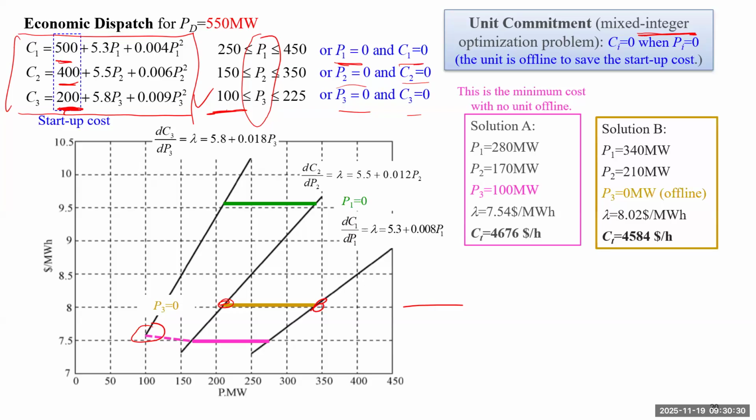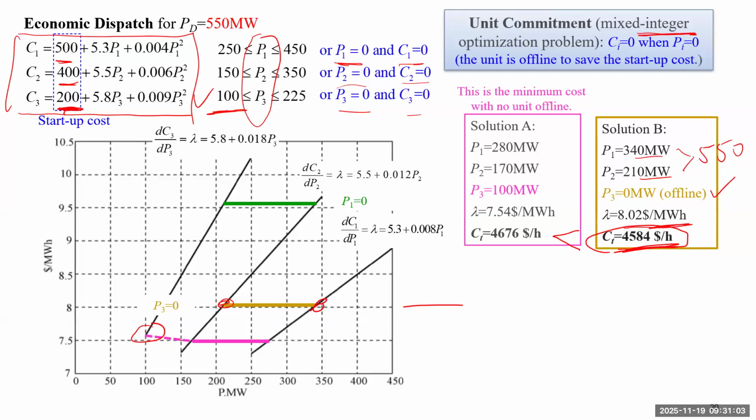It says unit 3 is off, and unit 1 and unit 2 together give you that 550 megawatt. The price is higher than the incremental price for the first one, but you save the cost for unit 3. So the final total cost of the system is smaller than the original solution. So by turning off unit 3, you can save some money.